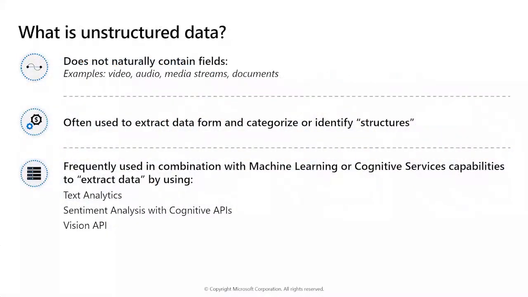Now, unstructured data is data that doesn't naturally contain fields. So examples include video files, audio files, and other types of media streams. Each data item is a blob or binary data, and so you can't actually search on any specific elements inside this kind of data.